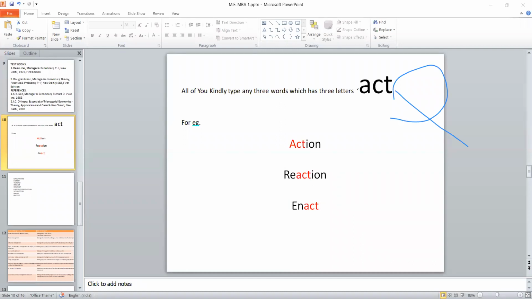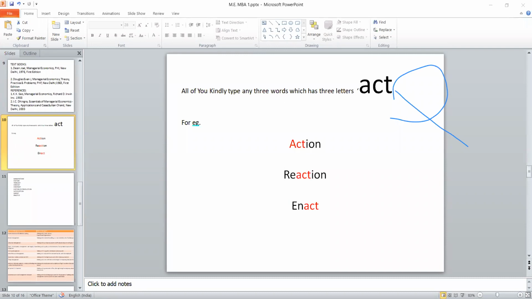I'm asking ACT. ACT should be there in the word. Interactive. Super. Who is that? Marsh. What is your name? Then Sanjay. Inactive. Oh, good.